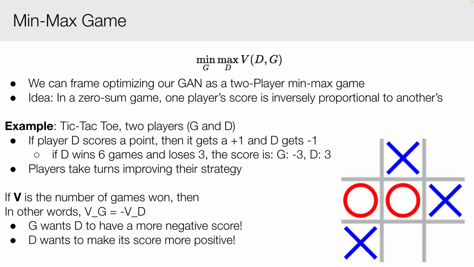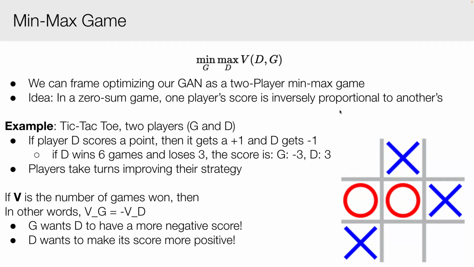Okay. So we can structure this in the context of game theory, where you have two players, players D and G. And again, player D is trying to maximize its value function, and player G is trying to minimize player D's value function. So from player G's perspective, if D is doing really badly, then G is winning. Take tic-tac-toe, for example.